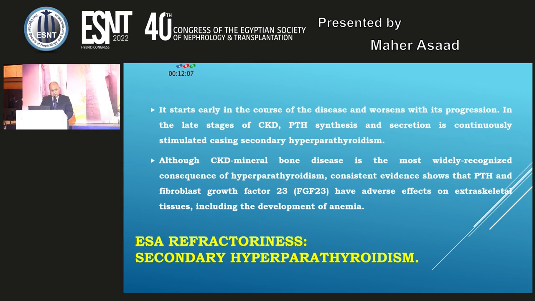Secondary hyperparathyroidism starts early in the course of the disease, and it is sometimes forgotten by clinicians to look for and treat early in the course of chronic kidney disease. It starts early and worsens with disease progression.